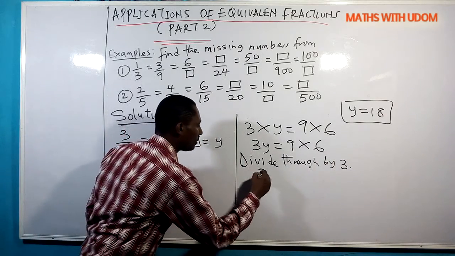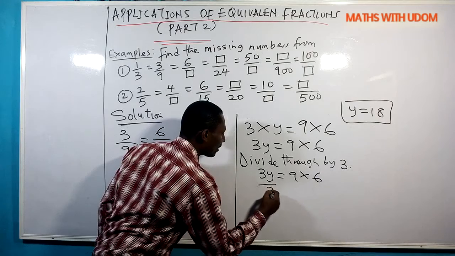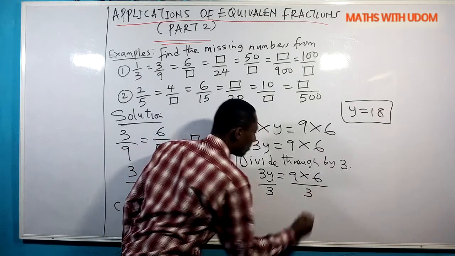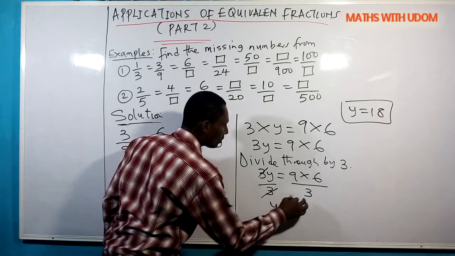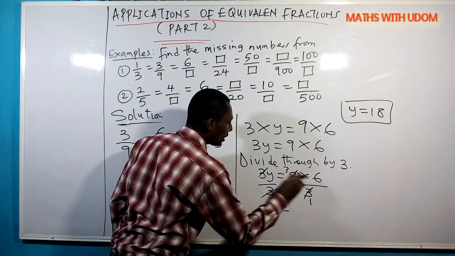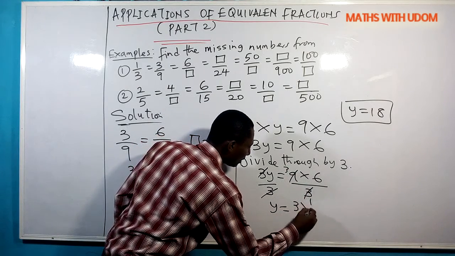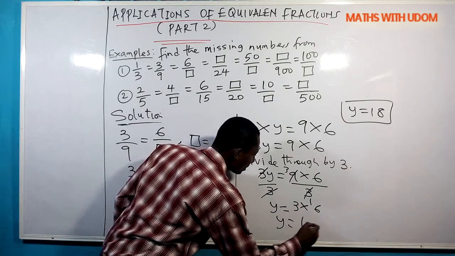So what do we have? We have 3y equals 9 times 6. Left hand side divided by 3, right hand side divided by 3. So 3 cancels 3. So we have y equals, 3 in 9 is 3, 3 in 3 is 1, so 3 times 6. So we have y equals 3 times 6, which is 18.